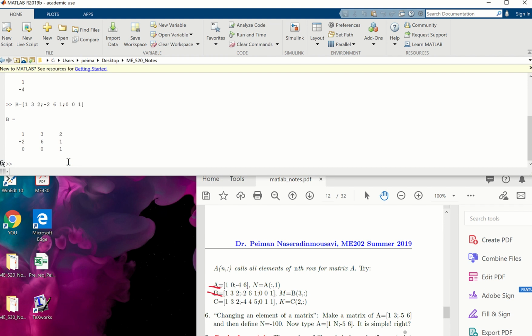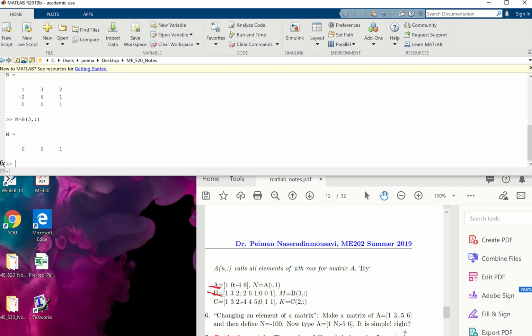This is our new B. I say B(3, :). This command asks to show the third row and all the columns of it. So you're going to see 0, 0, 1. Third row, all the columns.